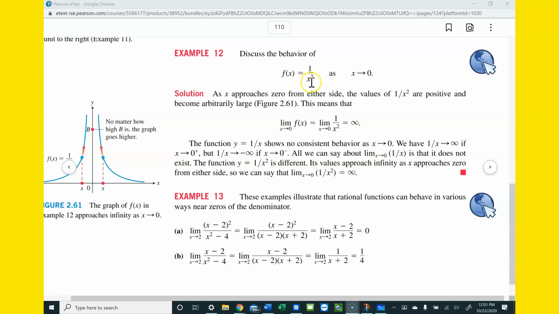So again, 1 over an unimaginably small positive number is an unimaginably large positive number. So whether we approach 0 from the right or the left, you can see this graphically, we're going to positive infinity as a result. So the limit as x approaches 0 would be infinity. And it's the same on both sides, so it's a two-sided limit.